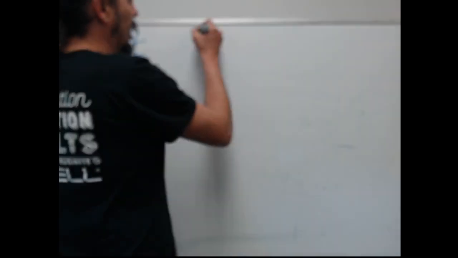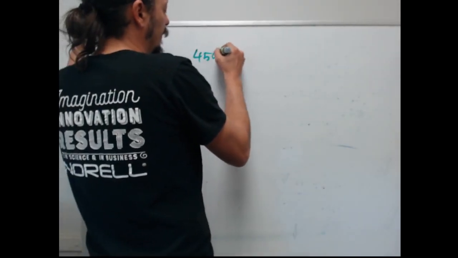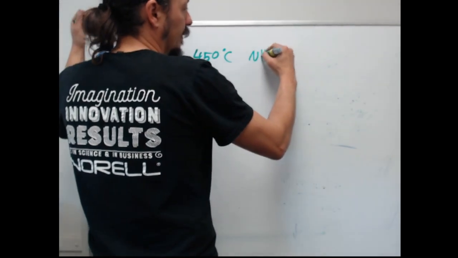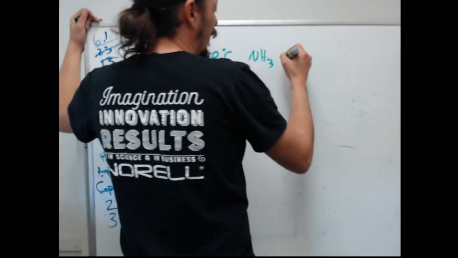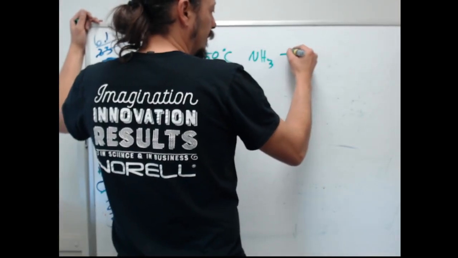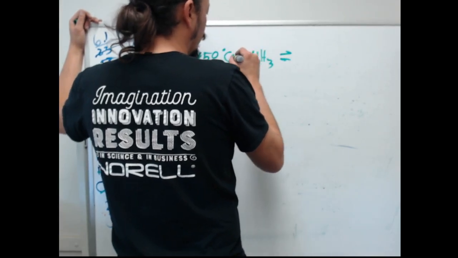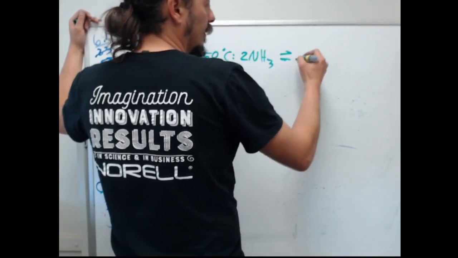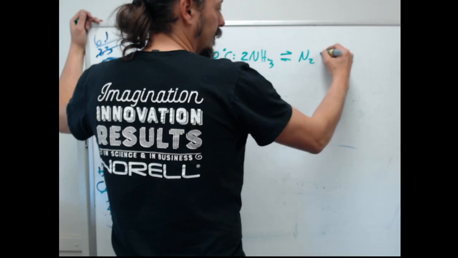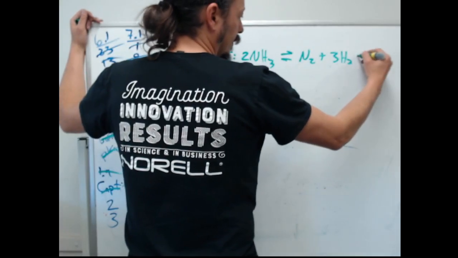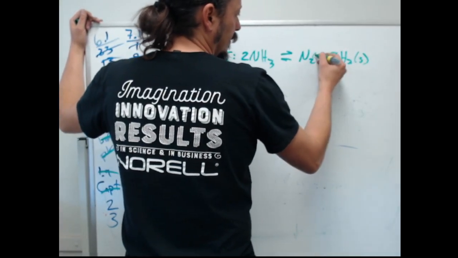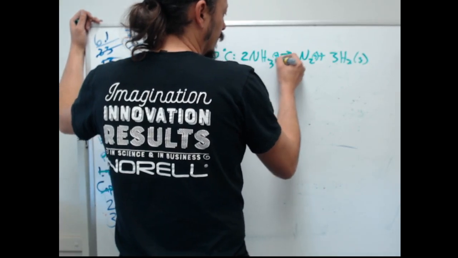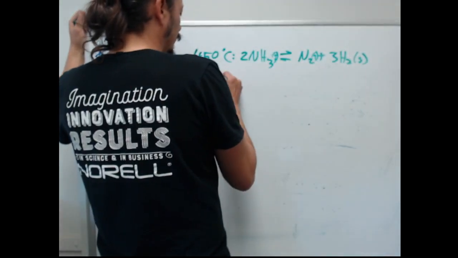Post-lab number 2. At 450 degrees Celsius, ammonia gas decomposes according to the following equation: 2NH3 gas turns into N2 gas plus 3H2 gas, with a Kc of 6.3 at 450 degrees Celsius.